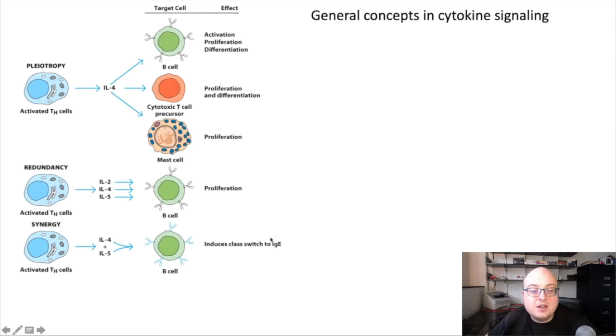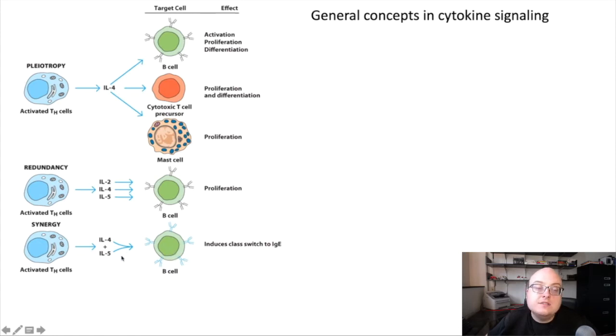This is a process by which B cells determine which type of antibody they're going to secrete. We'll talk about that a lot in the future. But for our purposes here, what I want to show is that it really requires both IL-4 and IL-5 signaling at the same time to get a really strong class switch recombination effect. And so IL-5 synergizes with IL-4 to induce this type of biological activity.